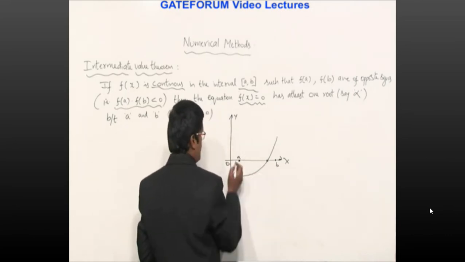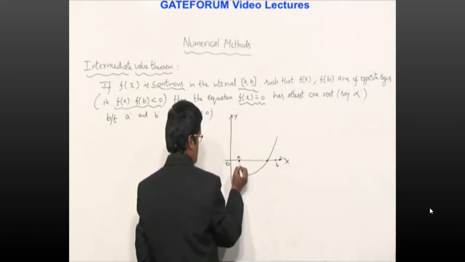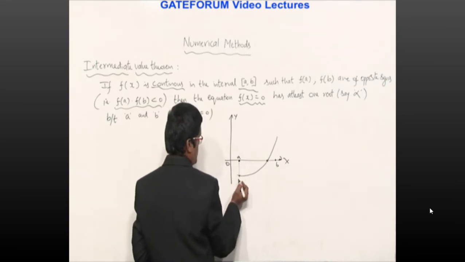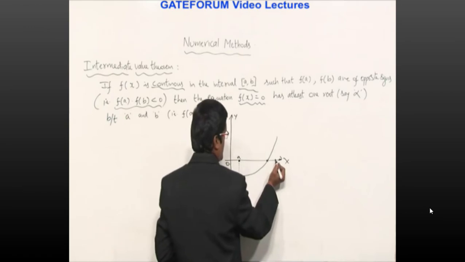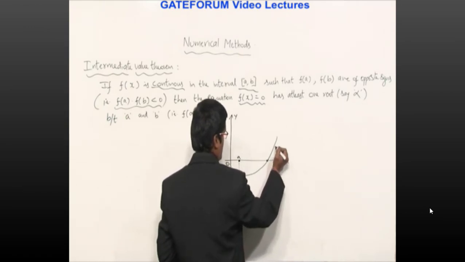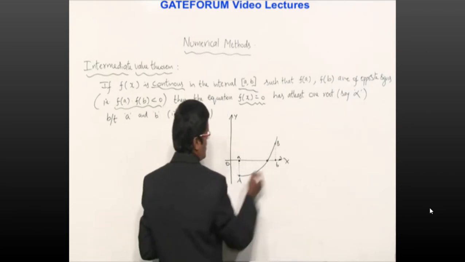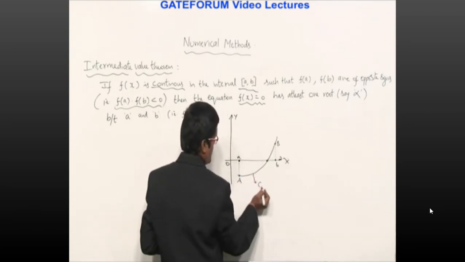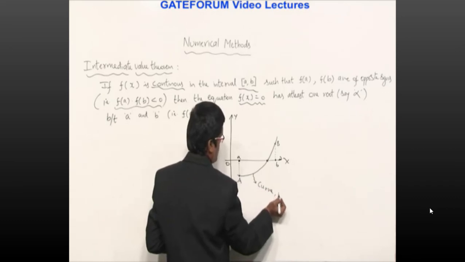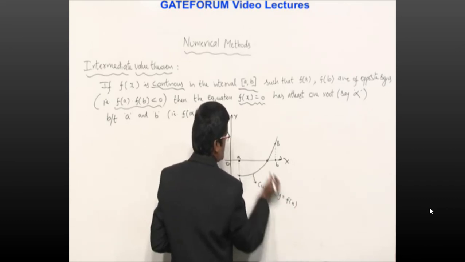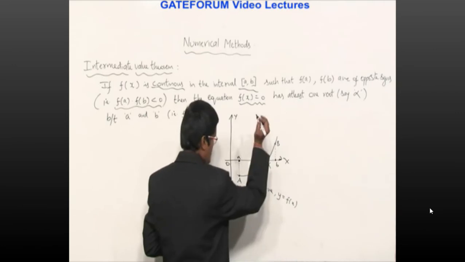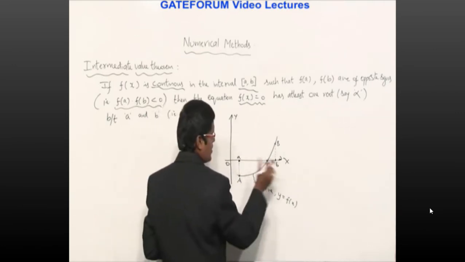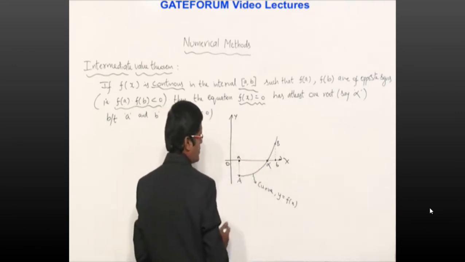So a, b, the corresponding function value, this is a coordinate, and the corresponding b has a function value on the curve, that is b point. This curve is y is equal to f x. This curve meets the x-axis at alpha. Alpha is one of the values between a and b.